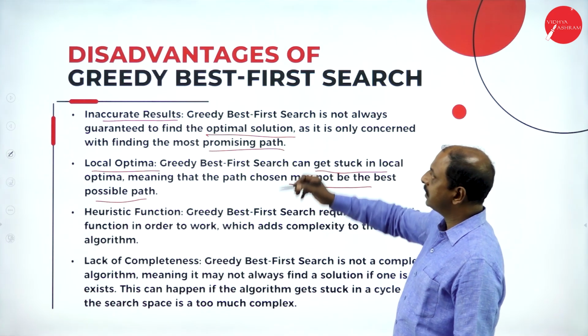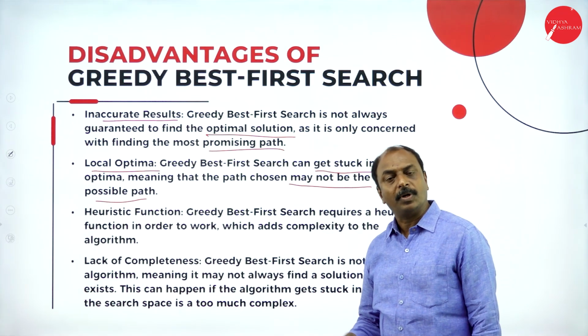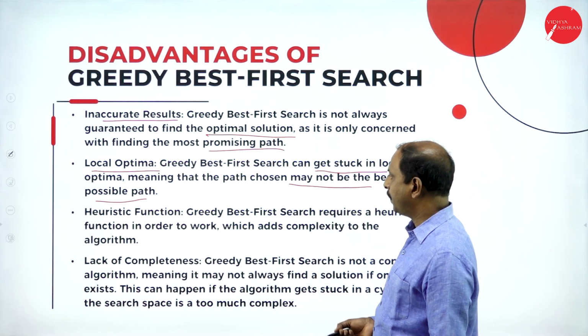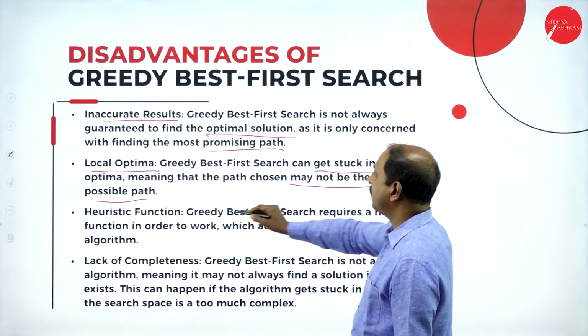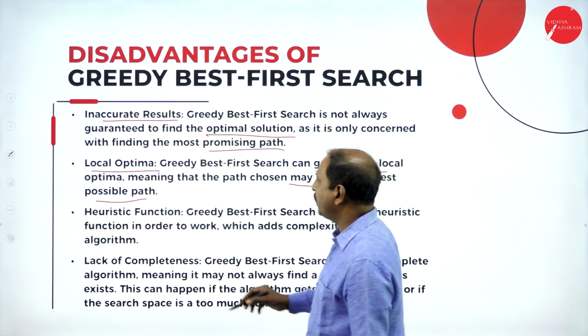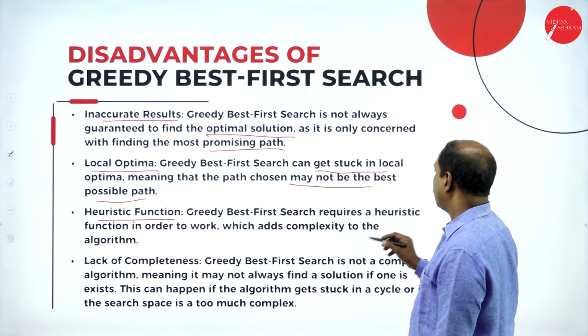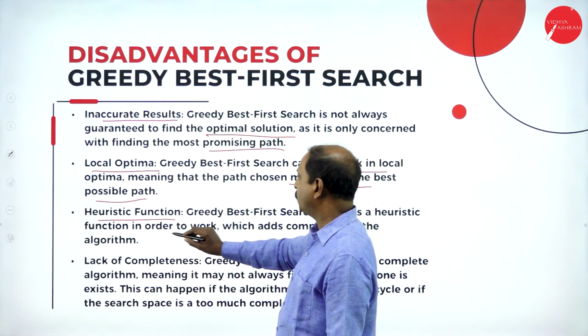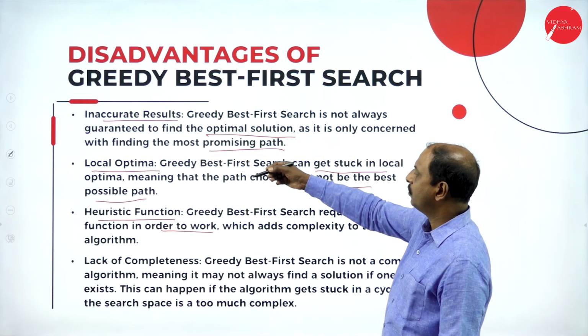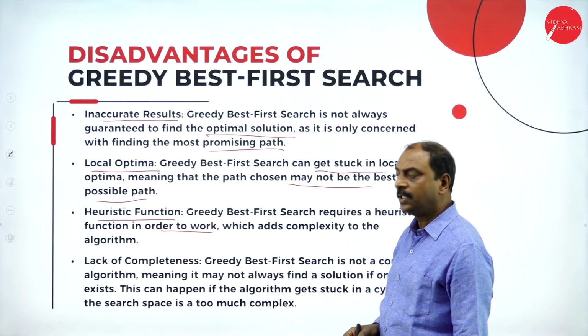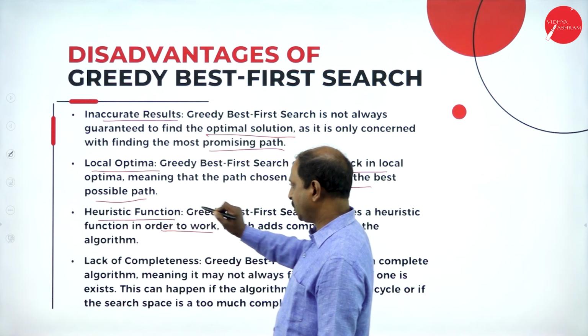So this algorithm promises the best optimal path, but that may not be the right path. Then the heuristic function. This algorithm requires a heuristic function in order to work. So to execute this, we should know the heuristic value or heuristic function.